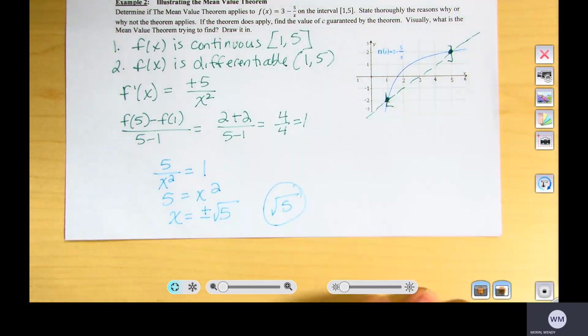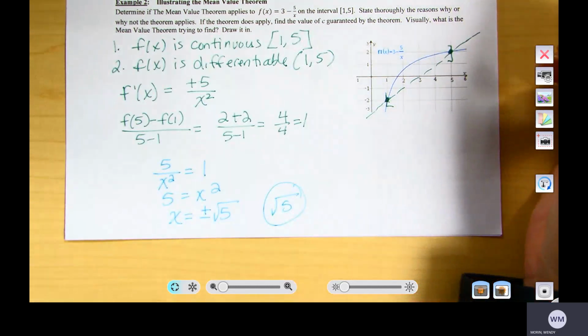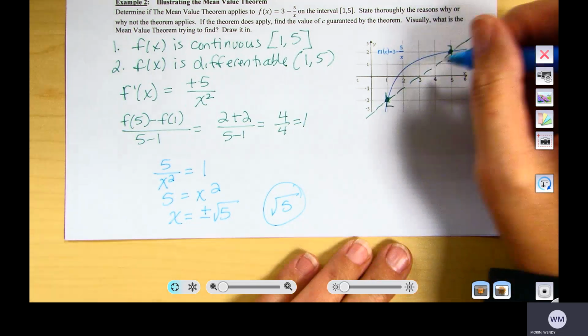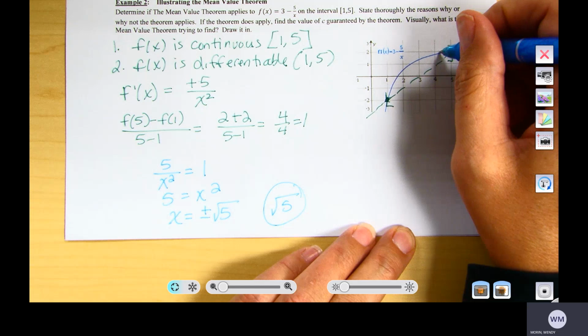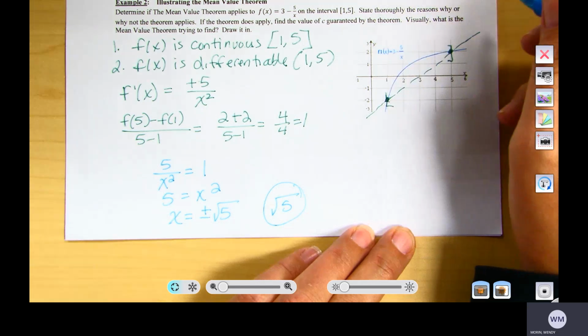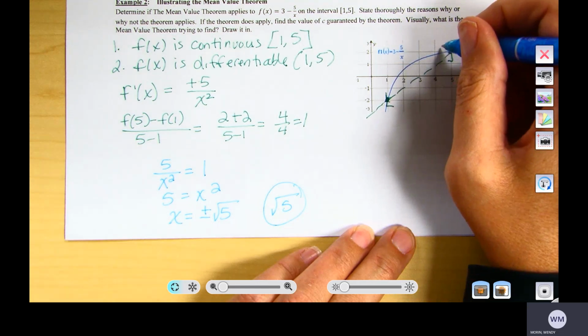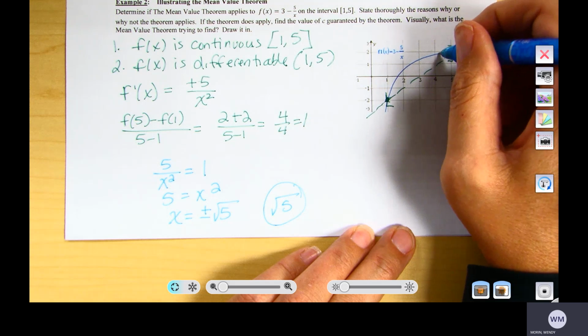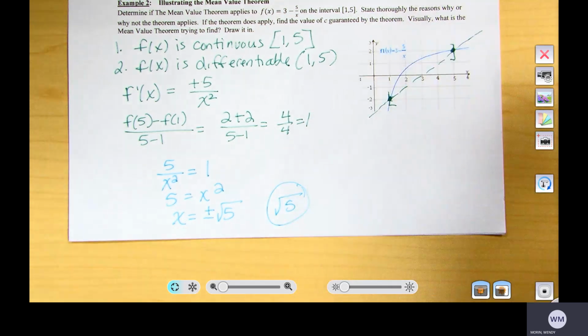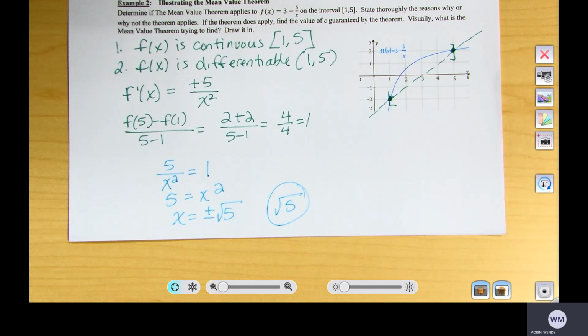So let's go to the square root of 5. The square root of 5 is bigger than the square root of 4. Let's see, what is the square root of 5? This isn't going to come out to be very nice.